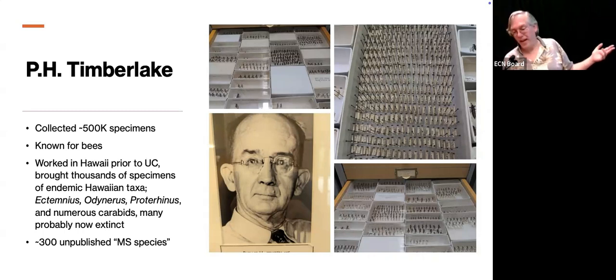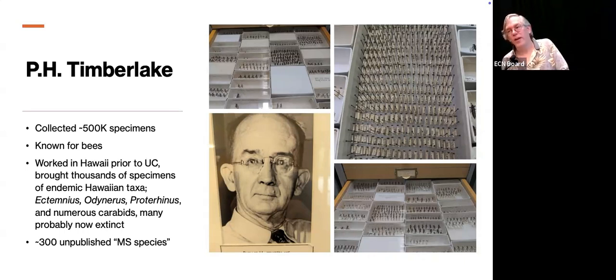And on top of that, he had left behind all this stuff when he died that he had never gotten around to working on, but he had put manuscript species names on hundreds and hundreds of species. We just had Joel Gardner come through a while ago, look at the Dialectus.